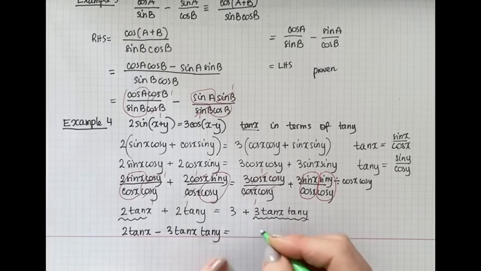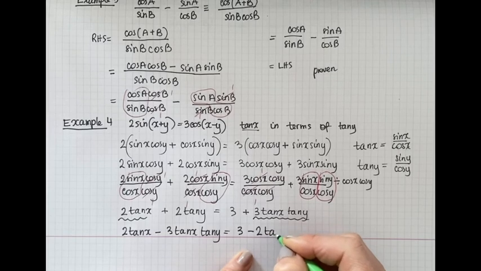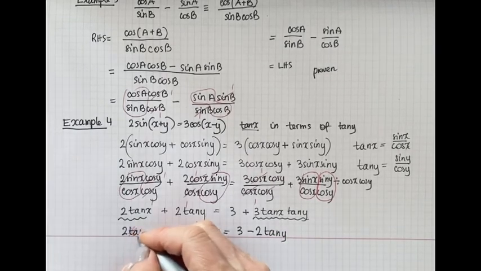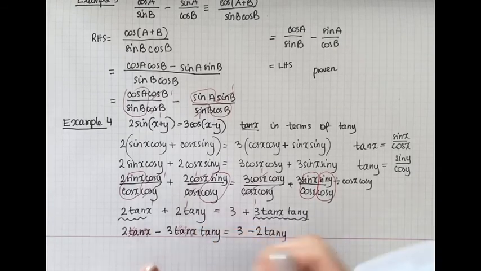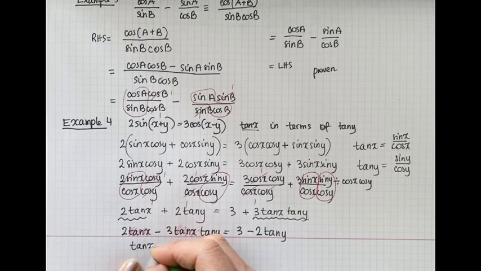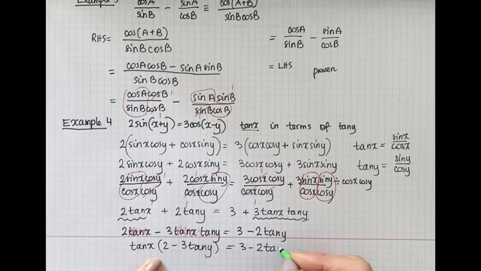And on the other side you will have 3, and then minus 2 tan y. There you go. So tan x can be pulled outside the bracket. So you've got 2 minus 3 tan y lots is equal to 3 minus 2 tan y.